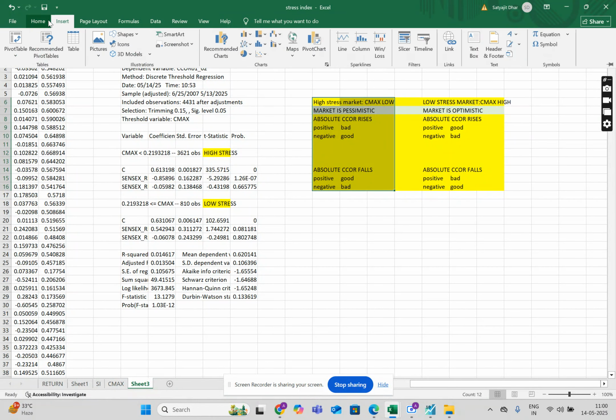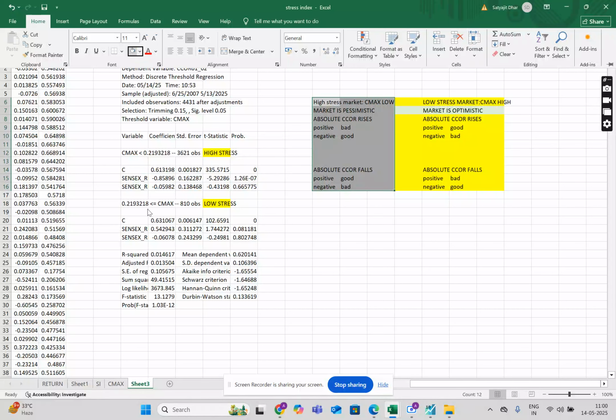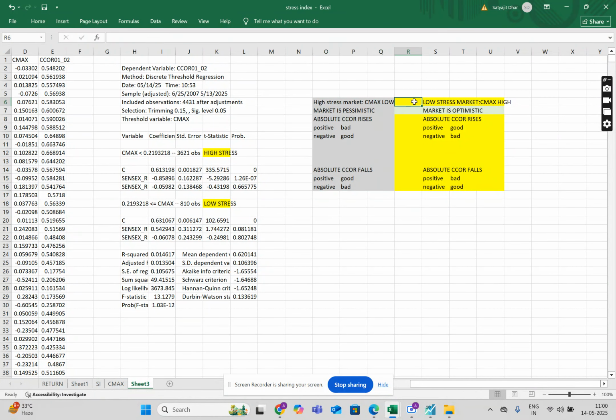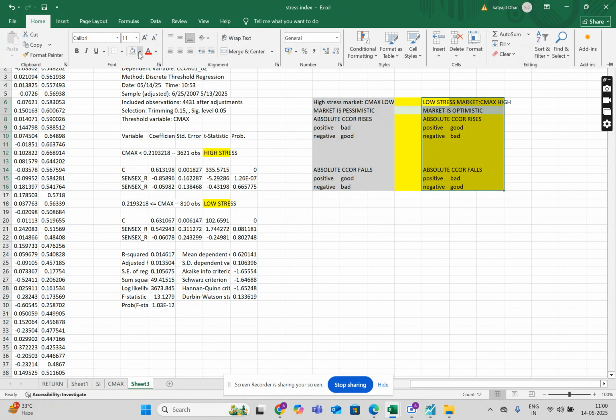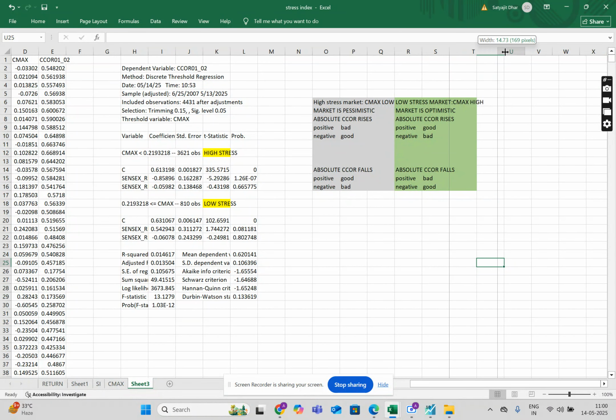Since market is pessimistic, let me do it in a bad color. Let me do it, yes, gray. And here, since market is optimistic, let me do it in a good color. Let me put green. So this is how it is. So this is how we will understand. So please remember this particular box forever in your analysis.